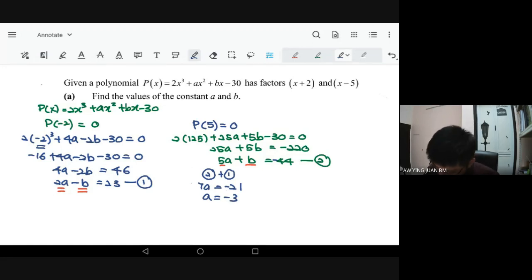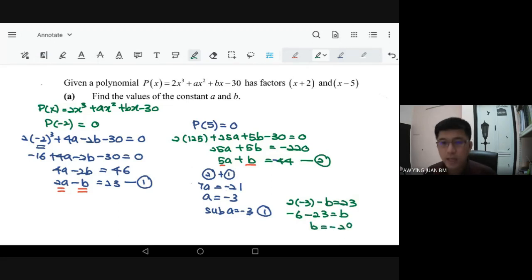So substitute a equals to negative 3 into the first equation. So we will have 2 multiplied with negative 3 minus b equals to 23. So rearrange the situation. Negative 6 minus 23 equals to b. So b is equal to negative 29.